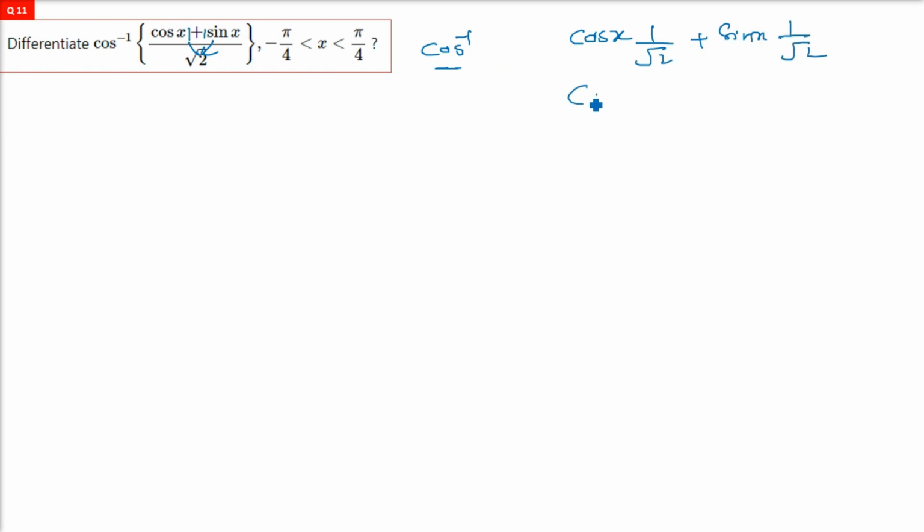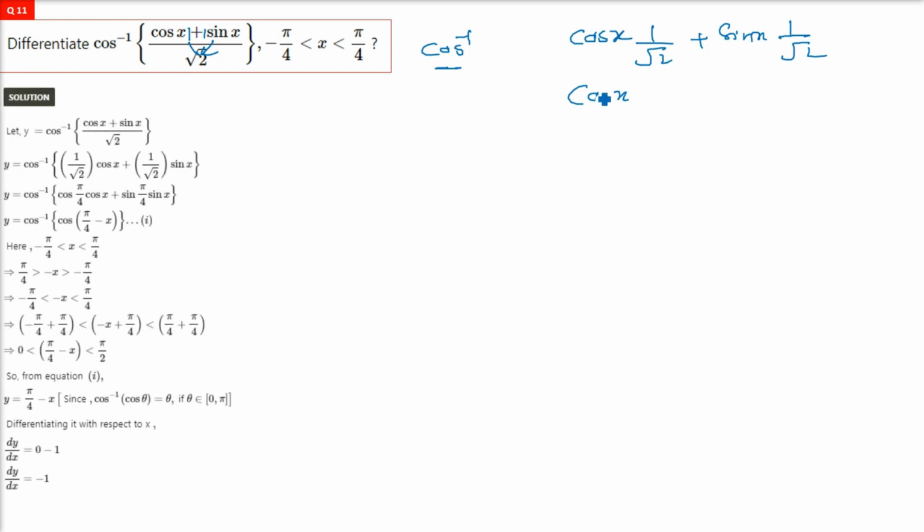So whatever you do, first thing is this, that's 1 by root 2, you have to write something. So what do you have to write here? You have to write cos pi by 4, because remember cos pi by 4, sin pi by 4, both are 1 by root 2. So we have cos x cos pi by 4, and then we have sin x sin pi by 4.